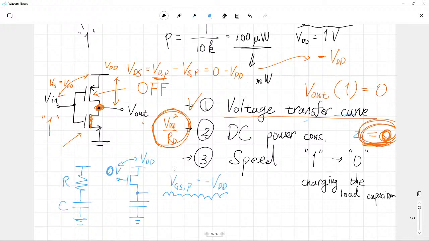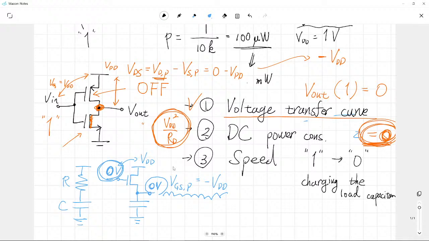So the input voltage is immediately changed to 0. However, previously the output was also 0, and now we have to charge it. So at the beginning of this charging procedure, both our gate to source voltage and drain to source voltage are just minus VDD.